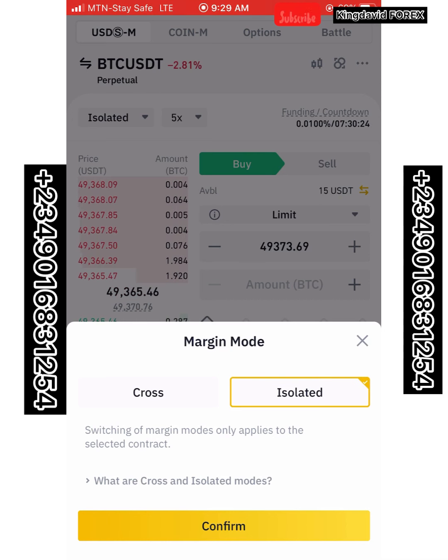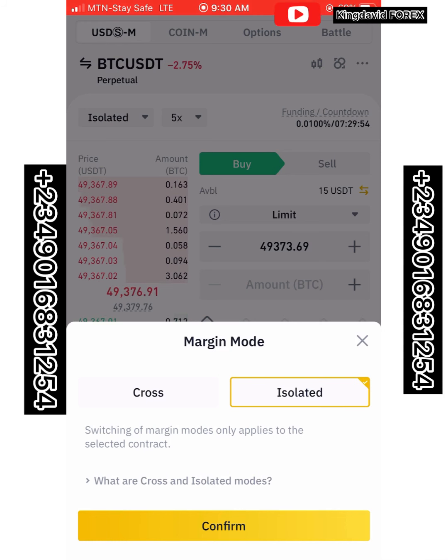If the market goes against you, you lose only what you are trading with, not all what is available on your USDT. But if you use cross and you keep losing, it's going to use the available balance to serve the trade. That means it's a very huge risk, because you're going to lose all your capital. So it's advisable that you make use of isolated.